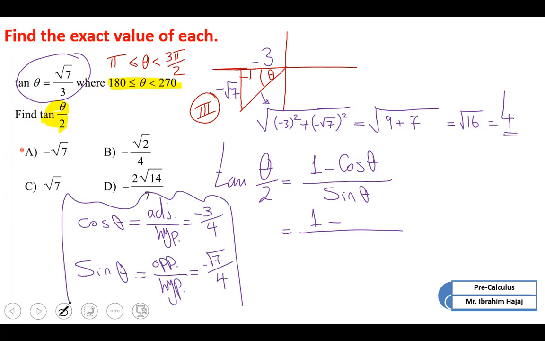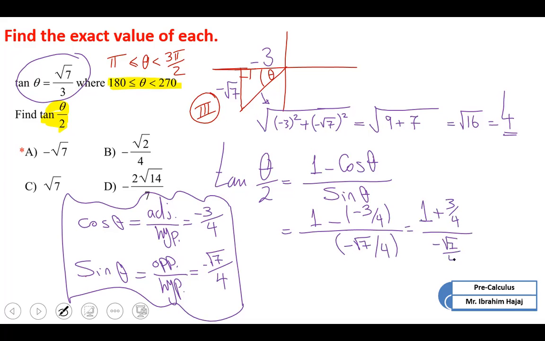Use this data and substitute here. We are substituting negative 3 over 4 for cosine theta, and substituting down here in the denominator negative radical 7 over 4, and then simplify. 1 plus, because negative becomes positive, 3 over 4, and this all over negative radical 7 over 4. Your answer will be 7 over 4, and this all over negative radical 7 over 4.